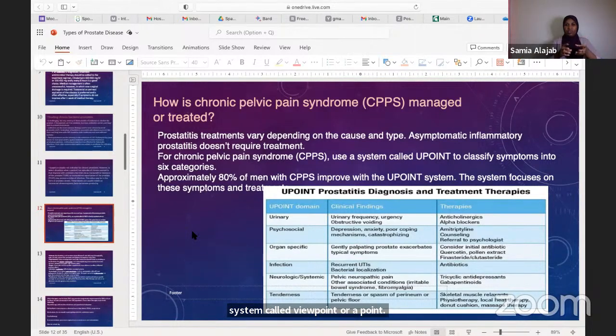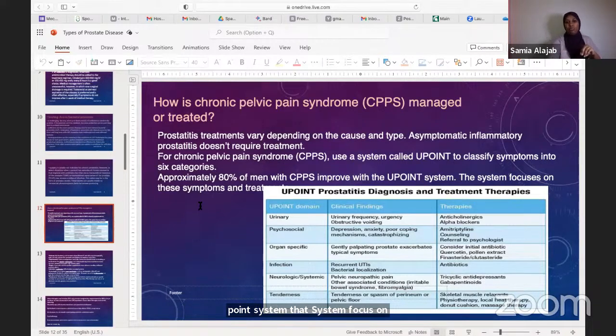We classify symptoms and then we treat according to these categories. They say that approximately 80% of men with chronic pelvic pain syndrome improve with the UPOINT system. The system focuses on the symptoms and you treat accordingly.